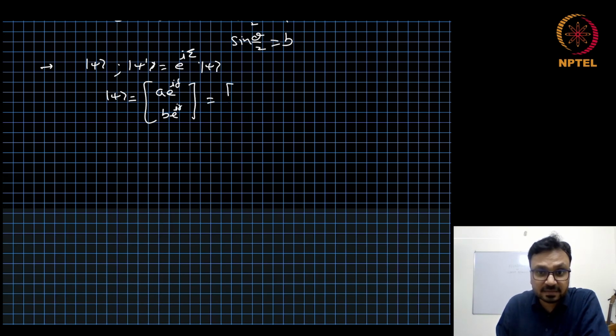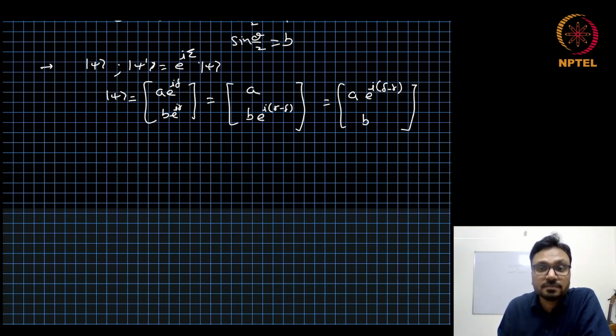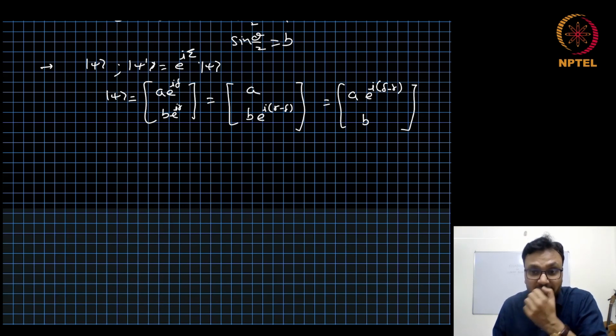This state is the same as a, b exponential of i (gamma minus delta), and it is the same as a exponential of i (delta minus gamma), b. In the second one, we have just taken exponential of i delta common and forgotten about it. And in the third one, we have taken exponential of i gamma common and forgotten about it.